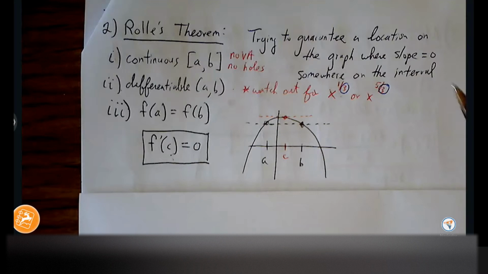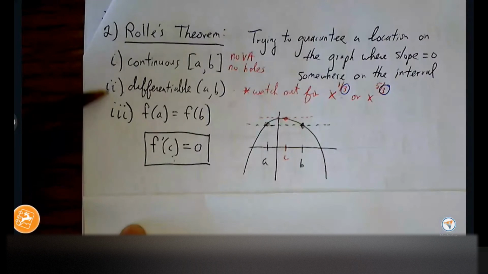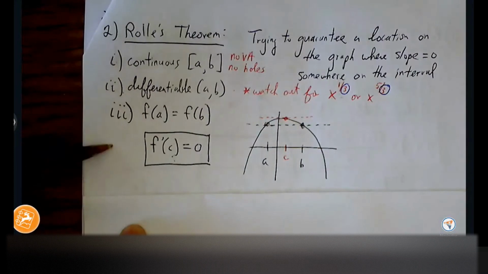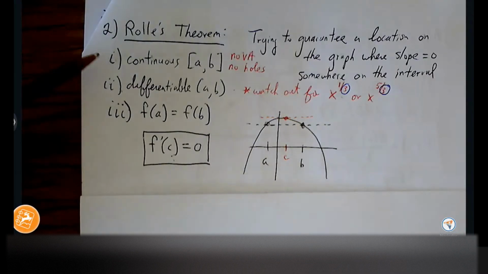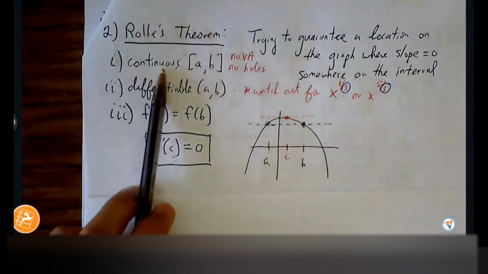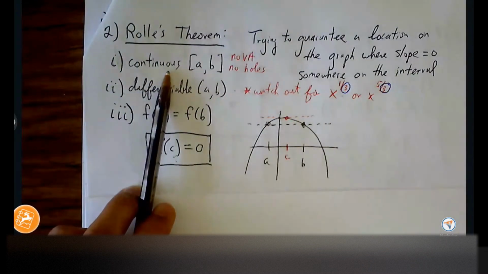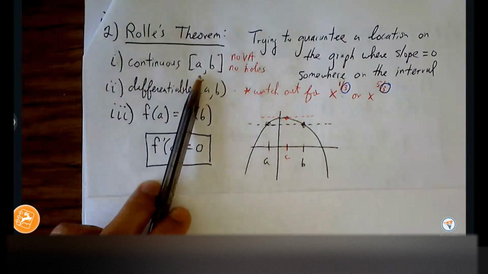Now, if we're trying to guarantee that a location exists where there's a slope 0 without looking at the graph, we're going to be relying on these conditions and statements to help us guarantee that conclusion. Just like with extreme value theorem, we first have to establish that our function is continuous on the closed interval.